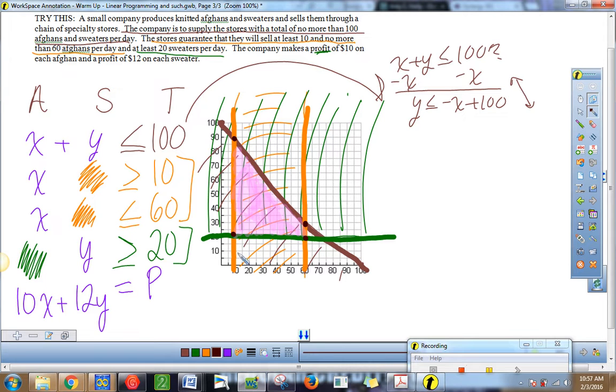So what's that coordinate going to be? It's over 10 and up 20. Beautiful. How about this guy? 60, 20. Beautiful.